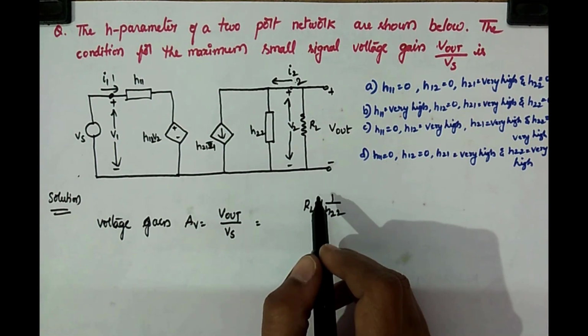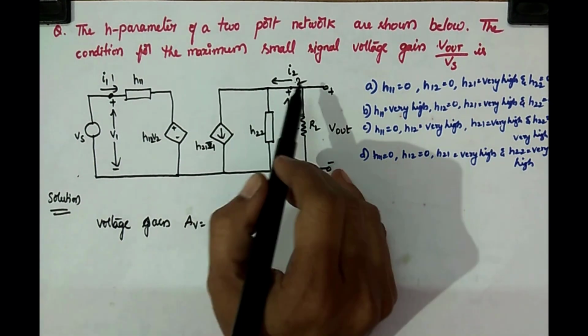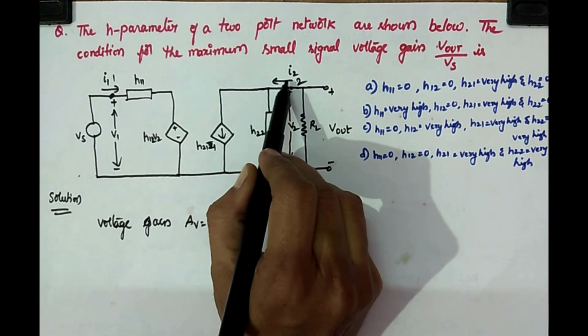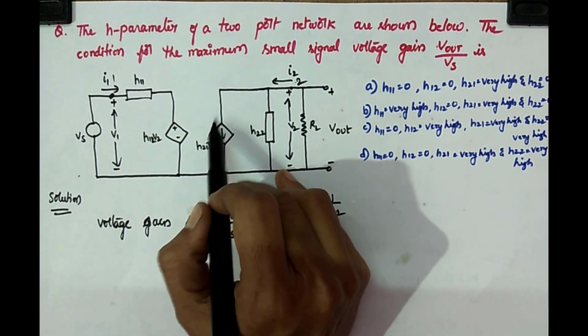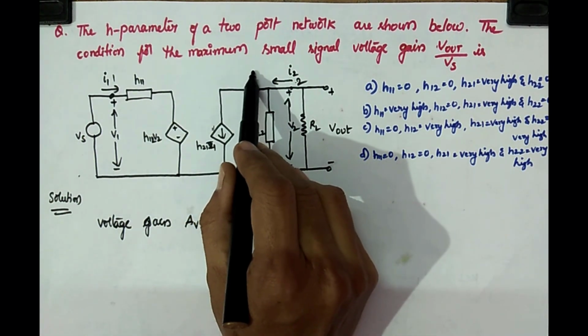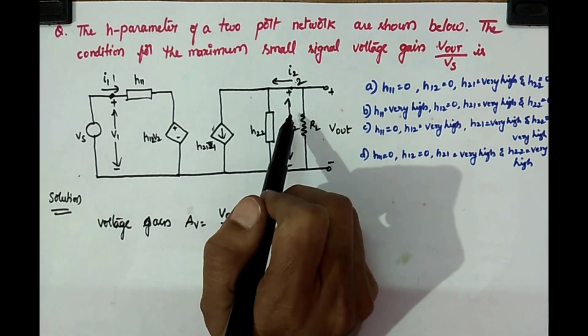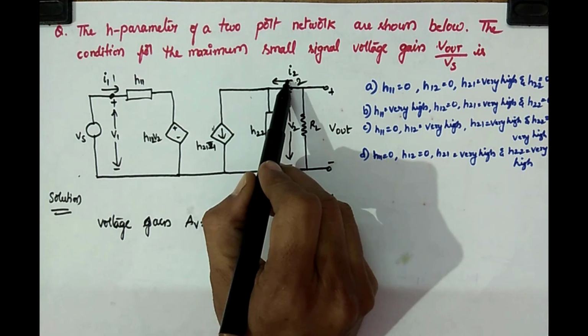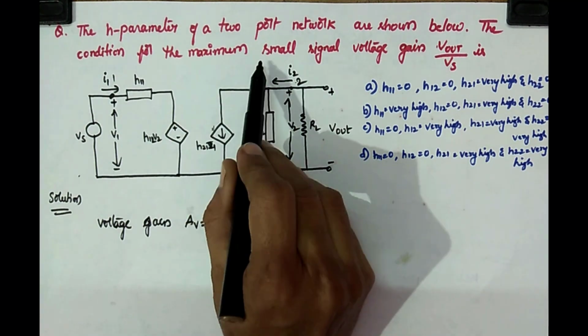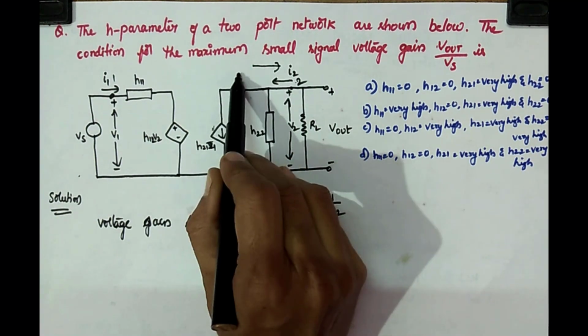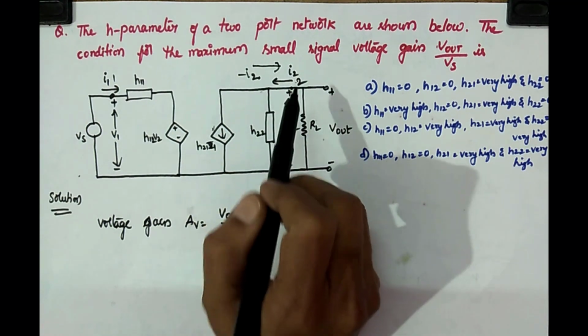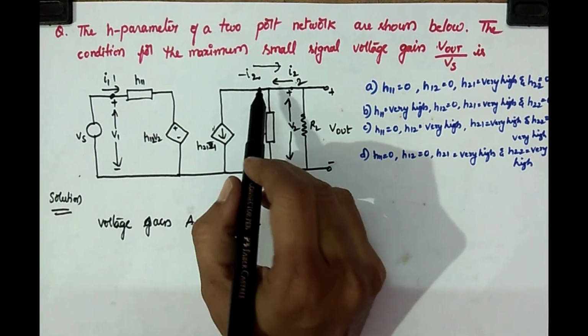Now we have to see what the output current is. From port 2, I2 is going like this. But what you have to get is the current coming into this parallel combination. The current from this side is I2, and the current flowing this side is minus I2. So what is minus I2?